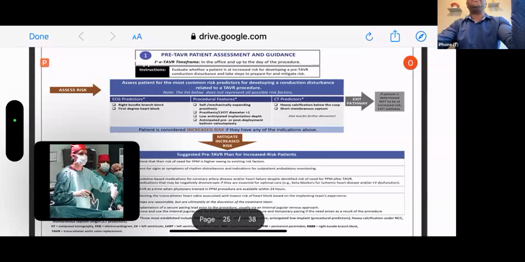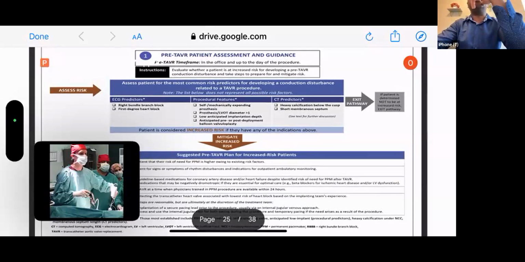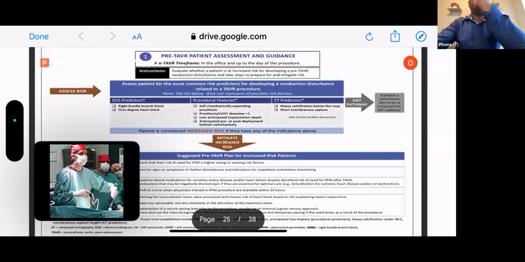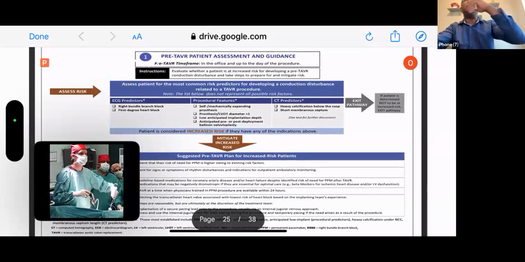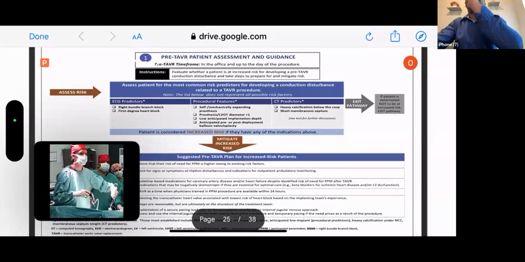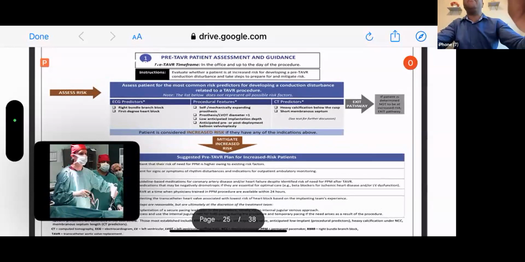Or, like I said, if they have a self-expanding valve, or if the TAVR valve itself is bigger than the LVOT diameter, or you're anticipating a low implantation depth, or pre- or post-deployment balloon valvuloplasty, they are also at increased risk. Then if they have heavy calcification, or actually a long membranous septum, they would need to be considered at increased risk.